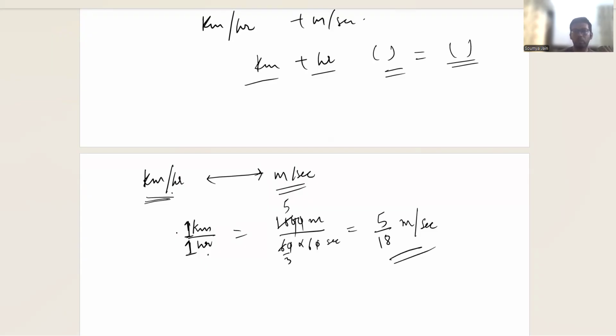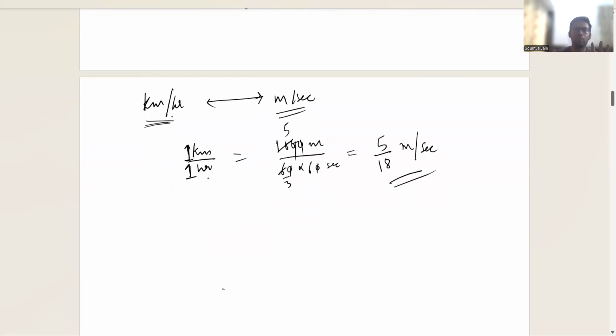This is a conversion also. You can use it. So how to use it? For example, in some question it is mentioned that speed is 36 kilometer per hour, but most of the units in the question and the expected answer are in meter per second, hypothetically. So you will obviously have to convert this into meter per second. This is the speed; convert into meter per second.